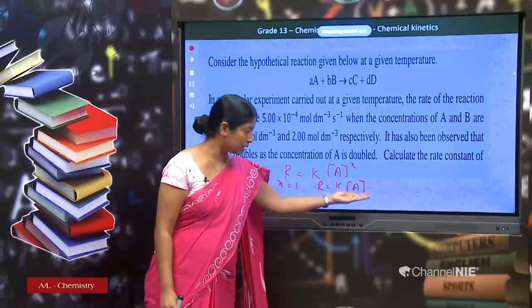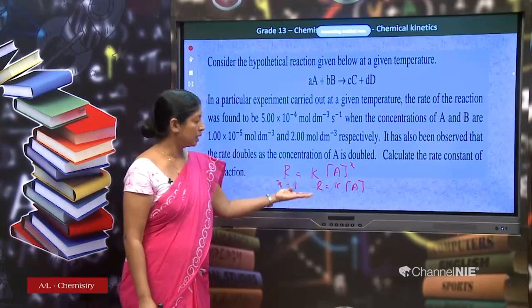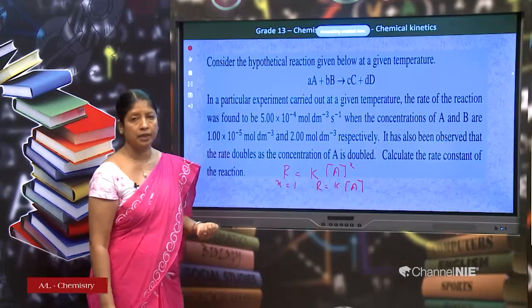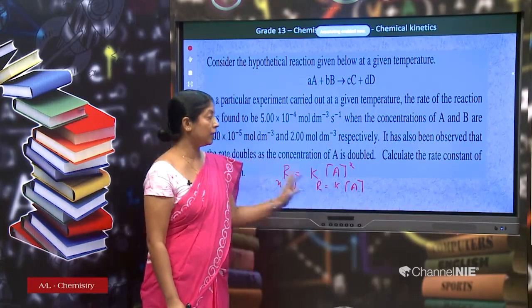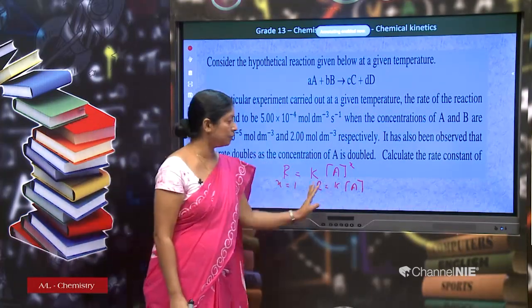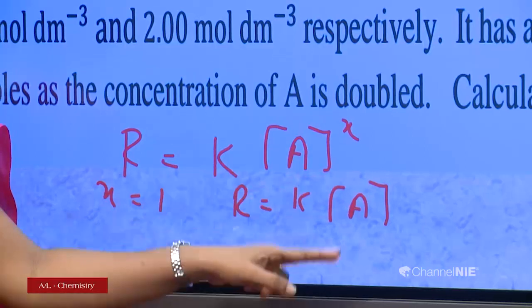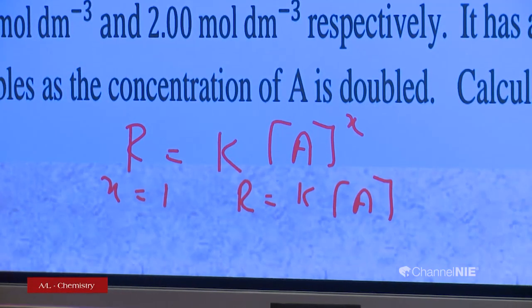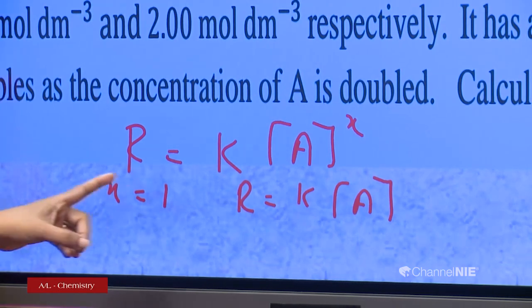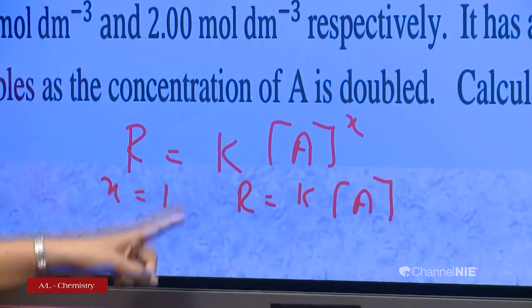When I increase the concentration of A by 3 times, the rate also increases by 3 times. That means the order with respect to A is 1. It is not 2, it should be 1. When we double the concentration of A, the reaction rate also doubles.